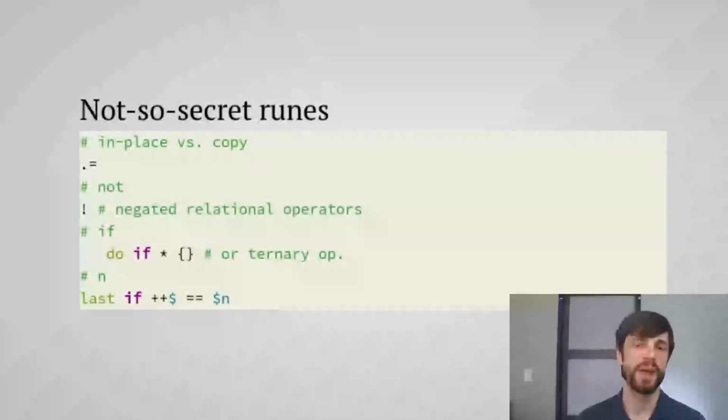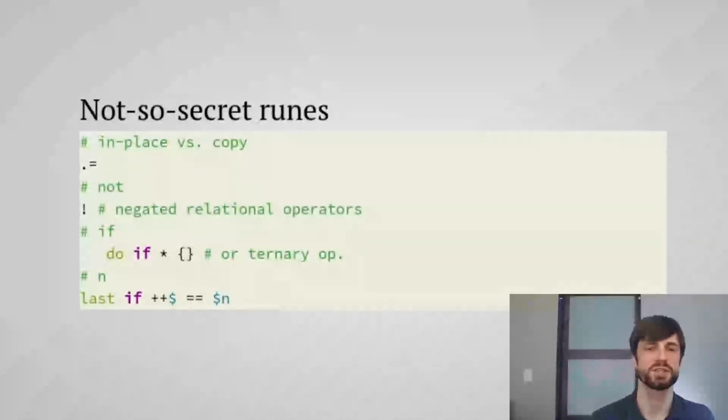So, if you're mapping through a list, then $$ will always give you the current index that you're at. And if you want to just map through the first 10, you can just bail out with last whenever you get to index 10. And similarly with any other iteration construct in the language. So that gives us all of these sort of secret runes, as they're called in C++. It gives us all of those for free.